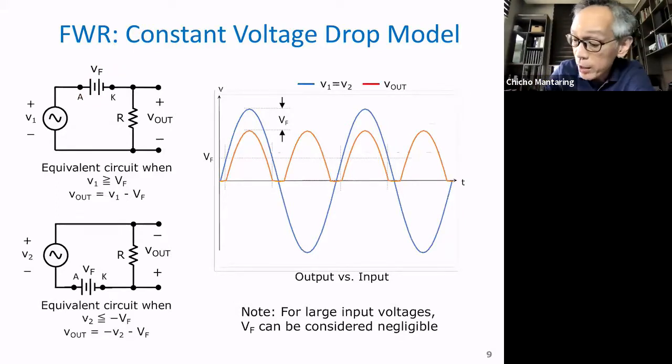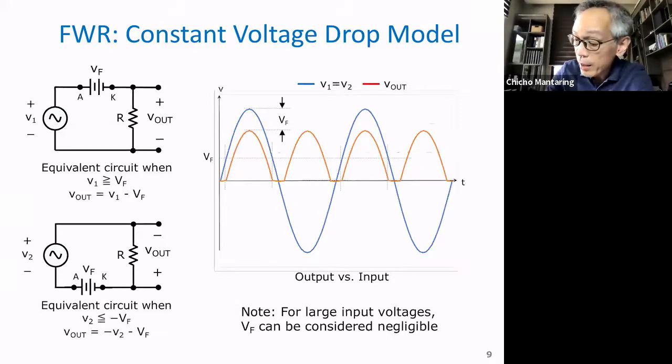When does D1 conduct? D1 conducts when V1 is greater than or equal to V sub F. So we replace it with its model, which is V sub F, and V out is just V1 minus V sub F. That is V out.